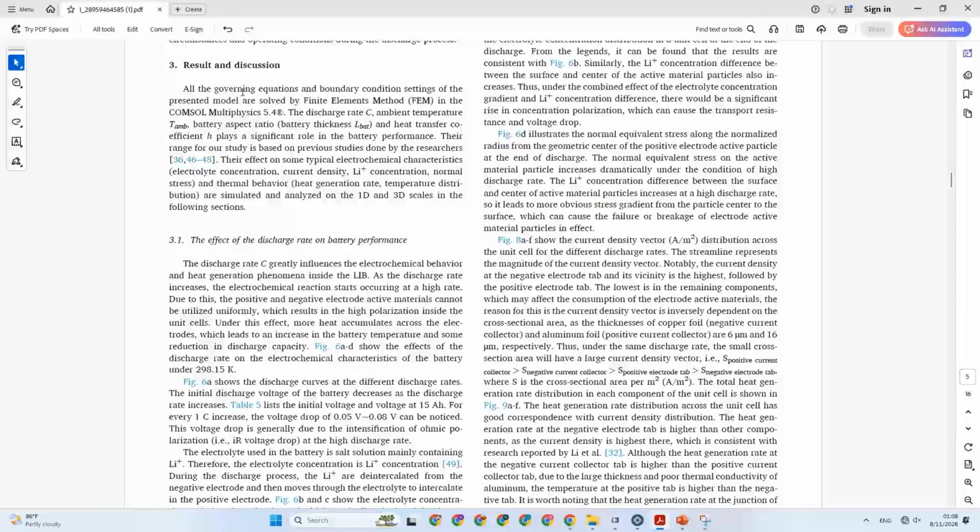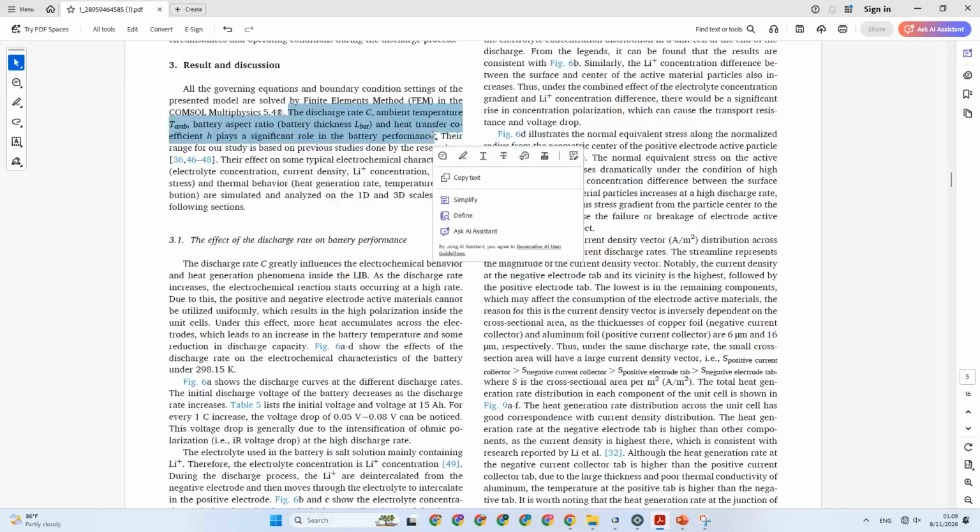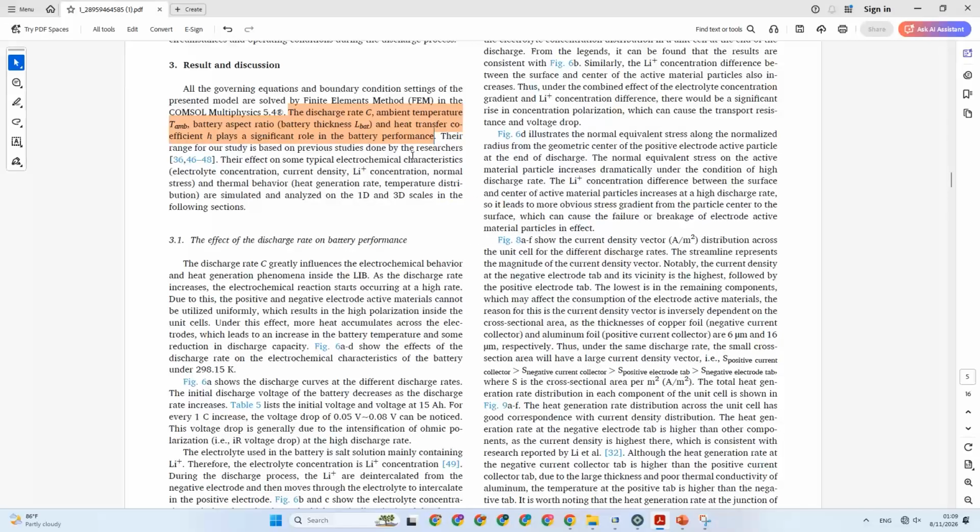Here, all the governing equations and boundary condition settings of the present model are solved by the finite element method, COMSOL, which is okay. It was repeated sufficiently. The discharge rate, C, ambient temperature, Tm, battery aspect ratio, and heat transfer coefficient played a significant role. It seems these are the initial data for the simulations. I mean, initial variable data that they varied in a specific range, then they see the result.